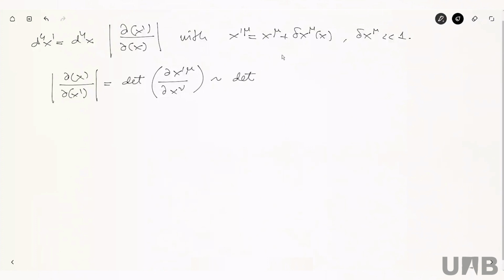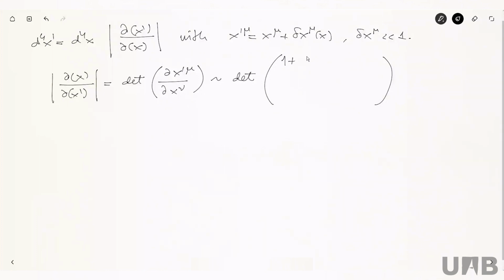It's going to be a 4 by 4 determinant, because the mu index goes 0, 1, 2, 3, so that's 4 of them. In the diagonal, we're going to have the derivative of x prime 0 with respect to x0, x prime 1 with respect to x1, 2 with respect to 2, 3 with respect to 3. For instance, let's take the 0 one: x prime 0 with respect to x0 starts with a 1 because of this guy.